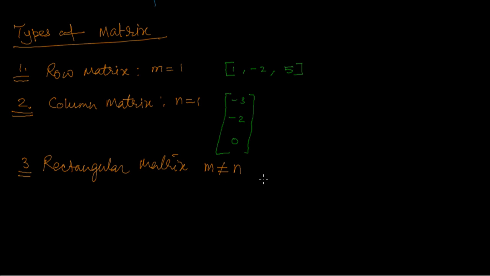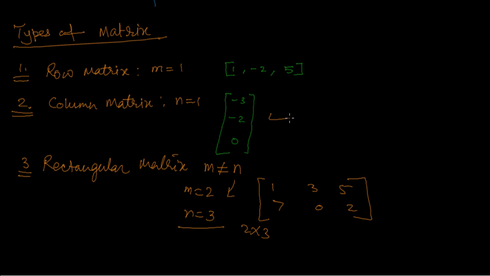Just like 1 3 5 7 0 2, there are 2 rows and 3 columns, M is equal to 2 and N is equal to 3. So M is not equal to N here. So this is a 2 by 3 matrix, a rectangular matrix.